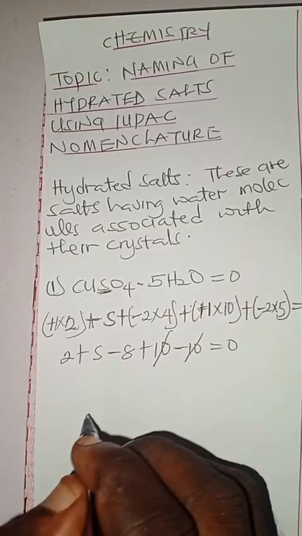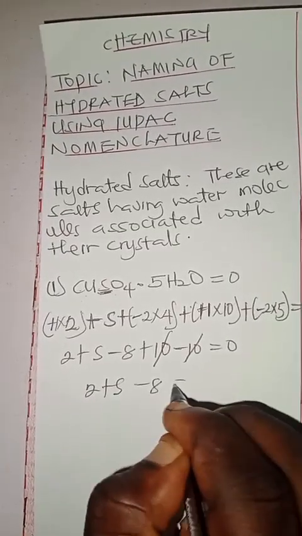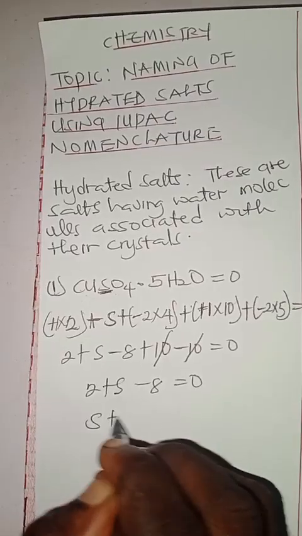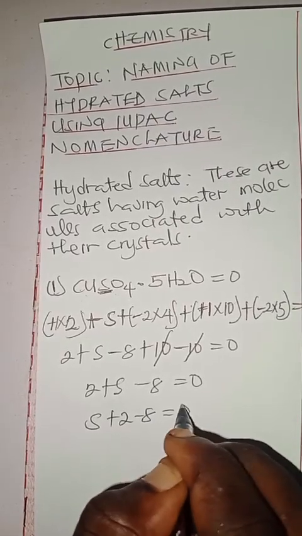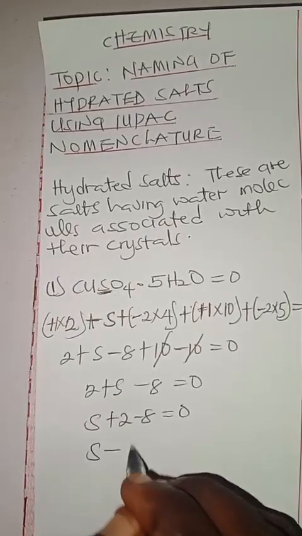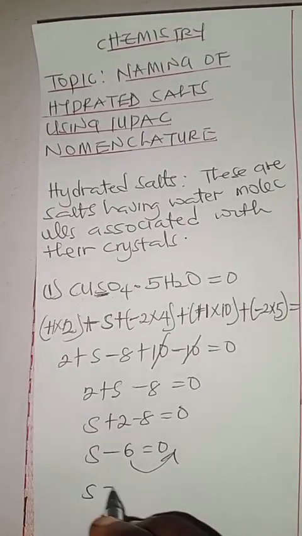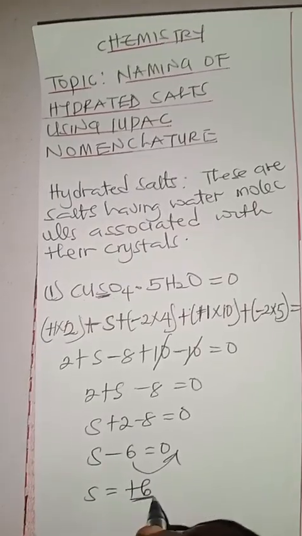This cancels out. And here you have 2 plus x minus 8 is equal to 0. So plus 2 minus 8 will give us minus 6. Now transfer your minus, it becomes plus 6.